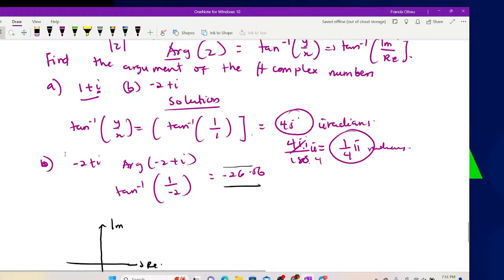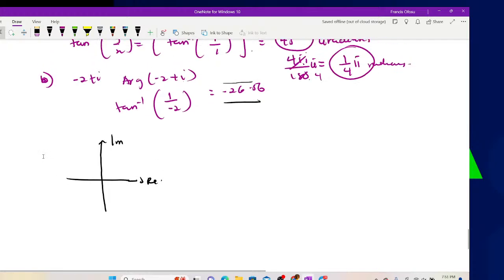The second complex number I got is negative 2 plus i, right? So I'll have here my negative real, and this the imaginary. So my negative 2 will fall somewhere here, then my 1 will come here. So my complex number will be in the second quadrant. So first quadrant, second, third, then fourth. I'll explain it very soon.